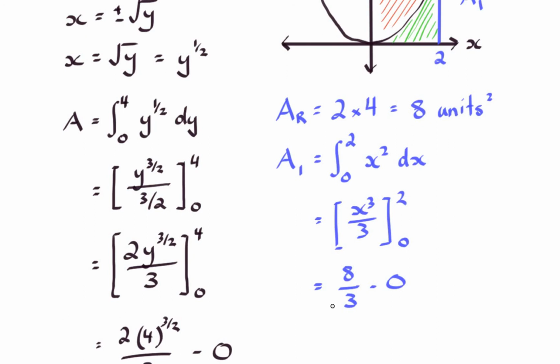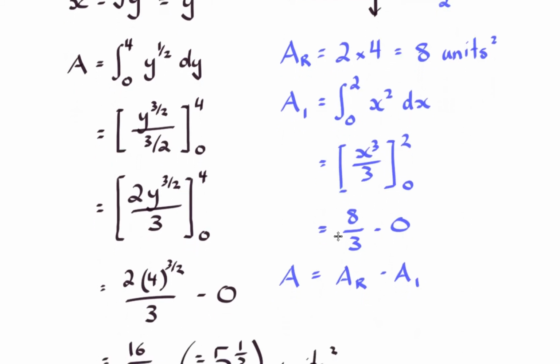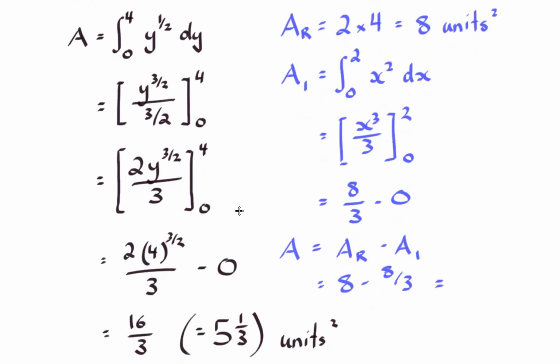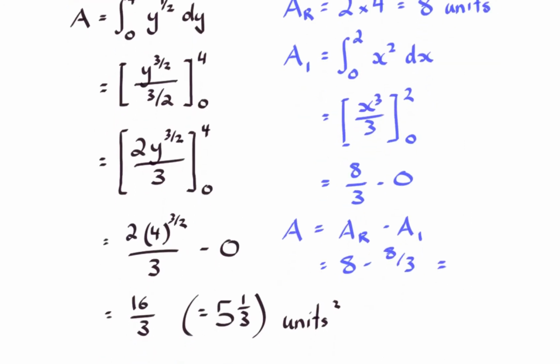So the overall area that we are after is the area of the rectangle minus this area 1 that we've just found. 8 minus 8/3 gives us the exact same thing as what we got by the first method, 5 and 1/3.